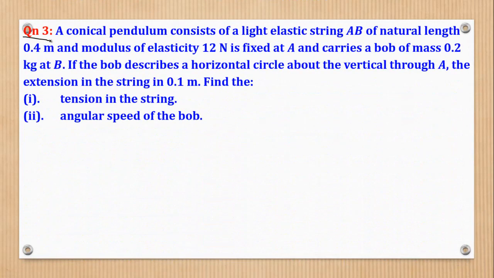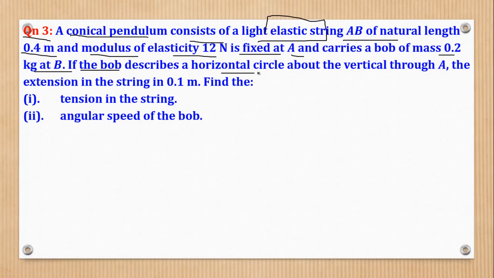So now we shall go to question 3. Question 3 says, a conical pendulum consists of a light elastic string AB of natural length 0.4 meters and modulus of elasticity 12 newtons, is fixed at A and carries a bob of mass 0.2 kilograms at B. If the bob describes a horizontal circle about the vertical through A, the extension in the string is 0.1 meters.